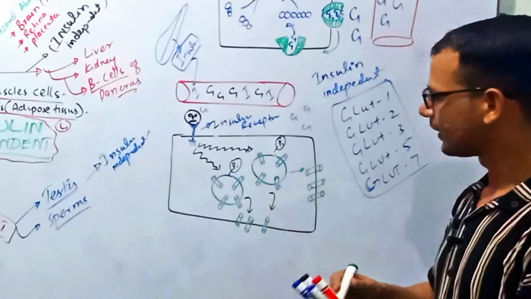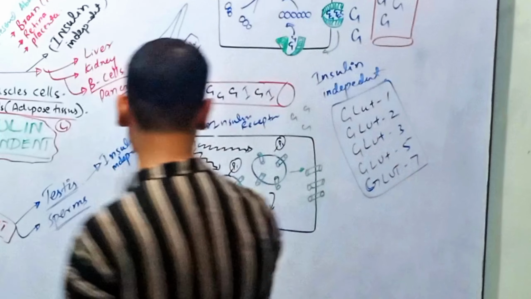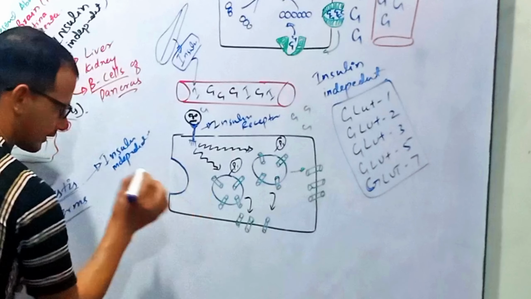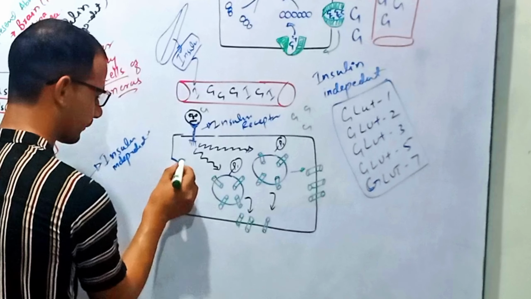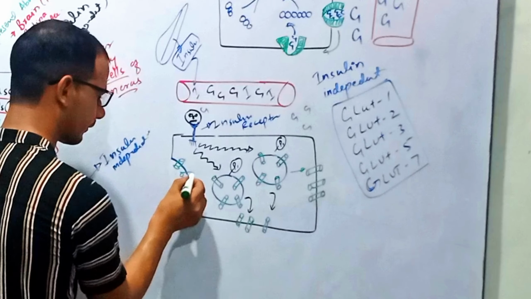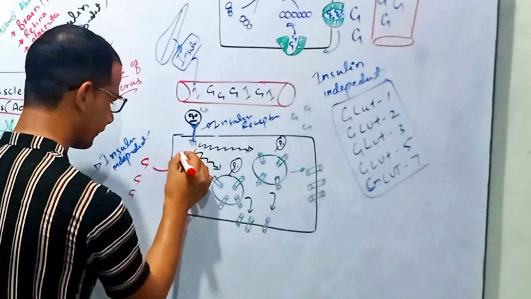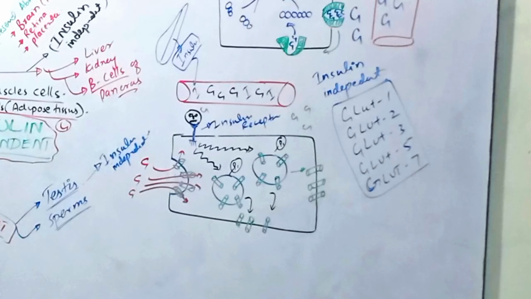The vesicles attach to the cell membrane like this, and it will open its channels outside, right? And by this it will now take the glucose from outside into the cell. This is the mechanism behind the GLUT4 receptor.